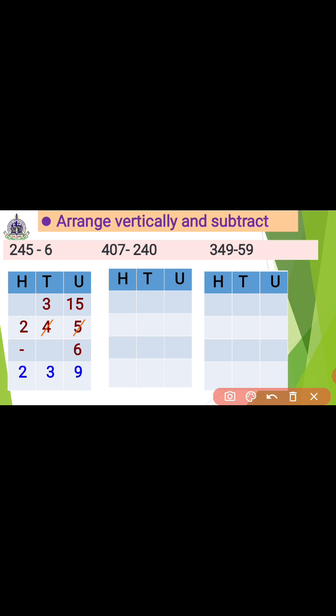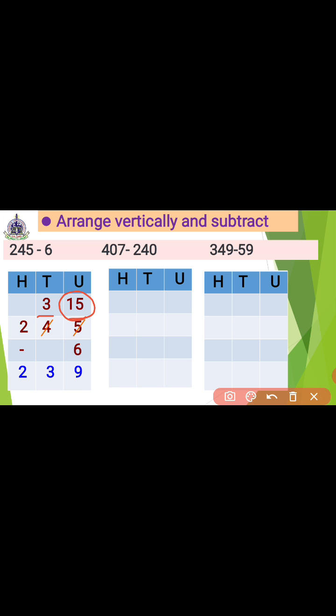So 245 minus 6. As we know 6 is bigger than 5. We cannot subtract 6 from 5. So what we will do? We will untie this tens, 4 tens. So here we will get 3 tens and this 5 units will become 15 units.